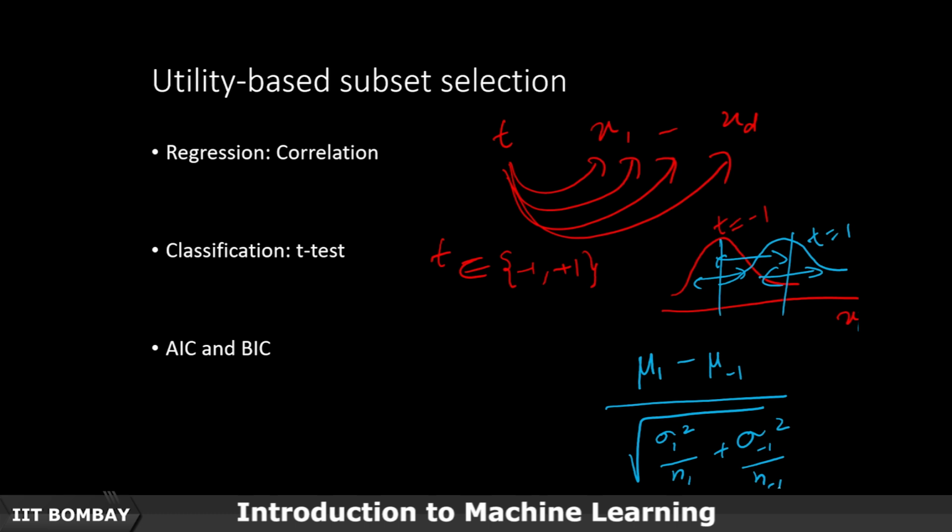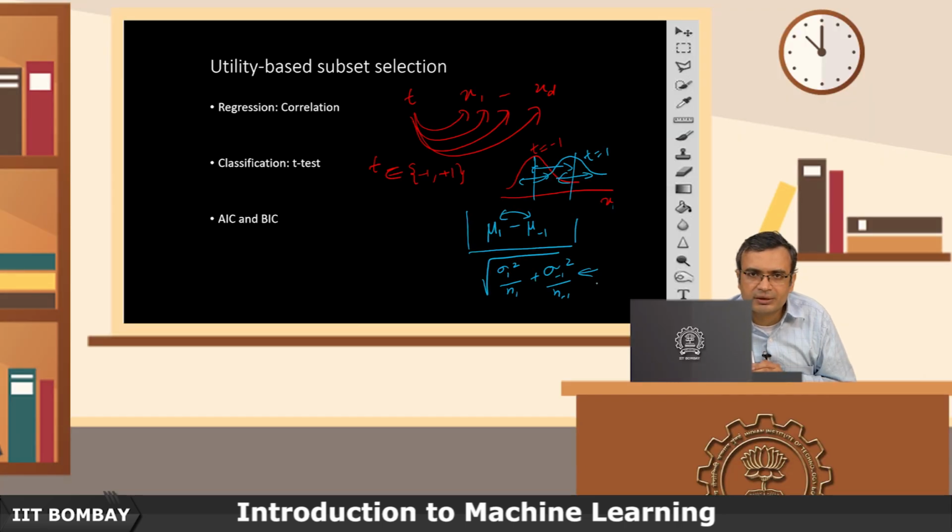What it is saying is that not only is the difference important, and I can take the mod of this, but I also want to divide it by the individual widths of the Gaussians, because if the Gaussians are too broad, then a small, constant difference does not matter. Only if the variances are narrow does a constant difference between the means matter. So the variables that give you high t values are more likely to help you with the classification.